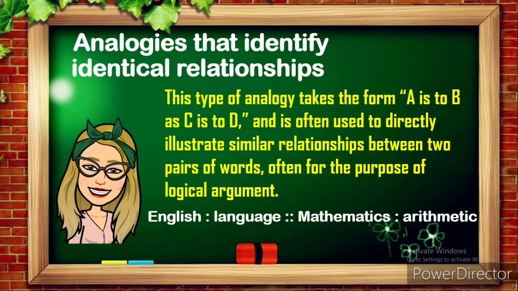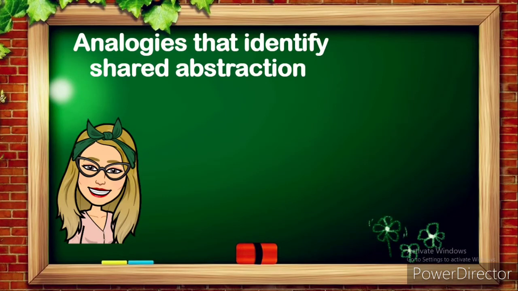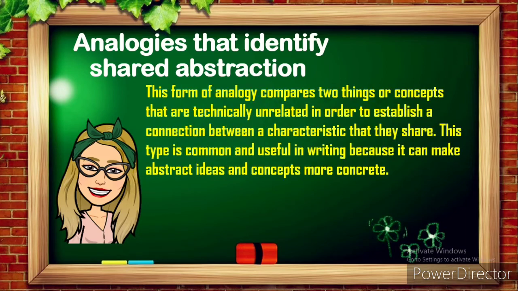Next, number 2. Analogies that identify shared abstraction. This form of analogy compares two things or concepts that are technically unrelated in order to establish a connection between a characteristic that they share. This type is common and useful in writing because it can make abstract ideas and concepts more concrete.